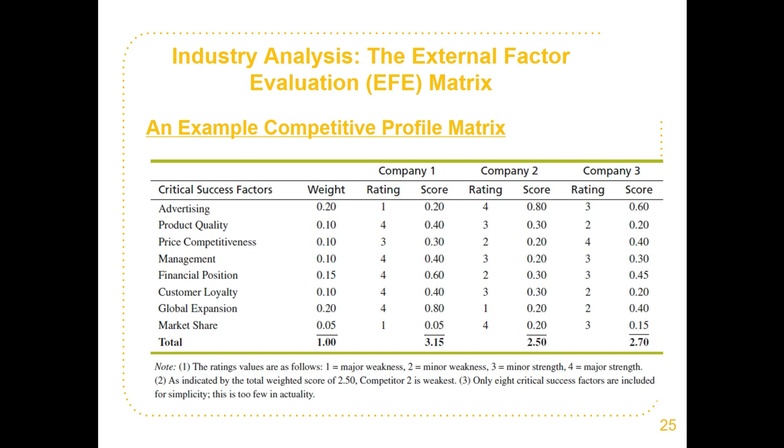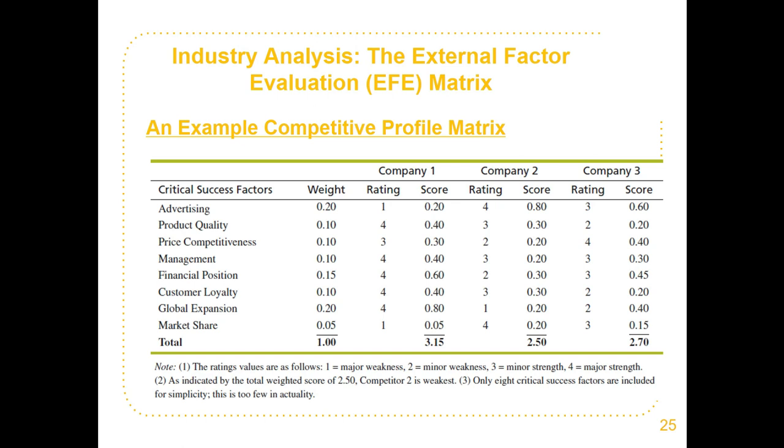In this example, the 2 most important factors to being successful in the industry are advertising and global expansion, as indicated by weights of 0.20.